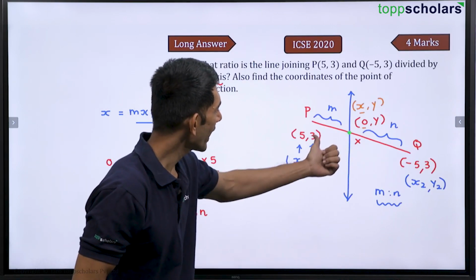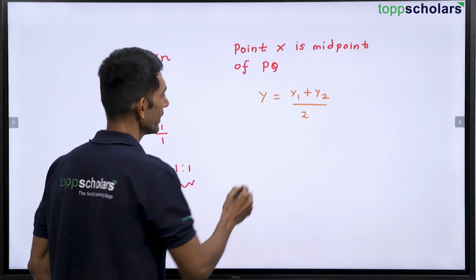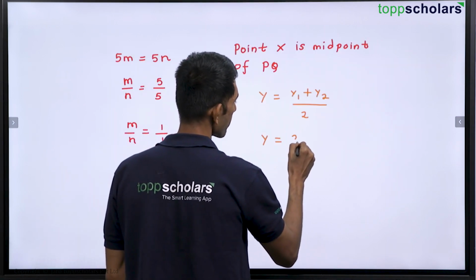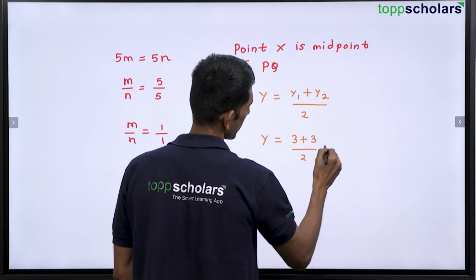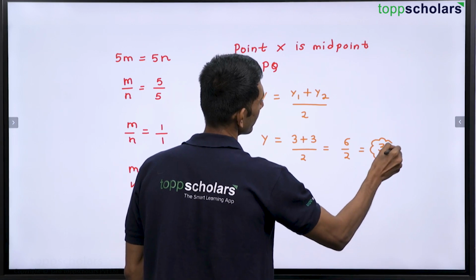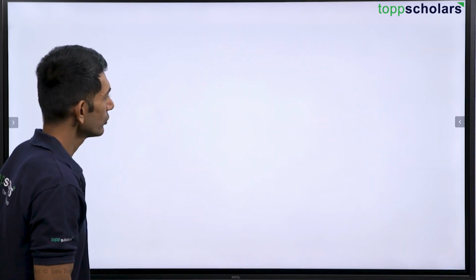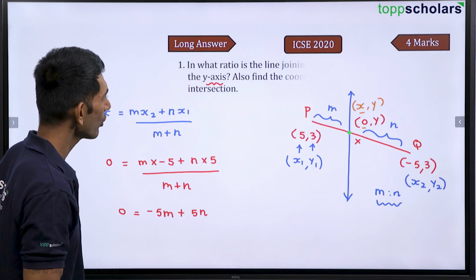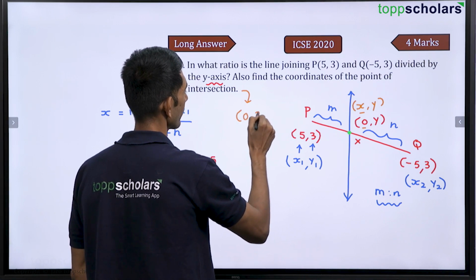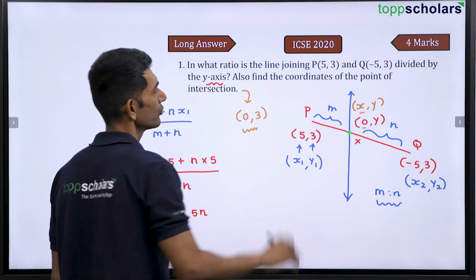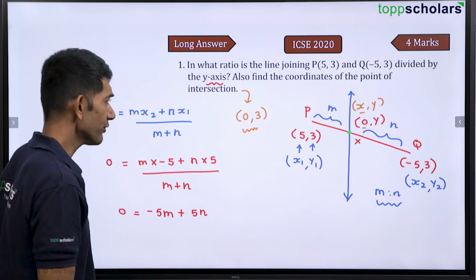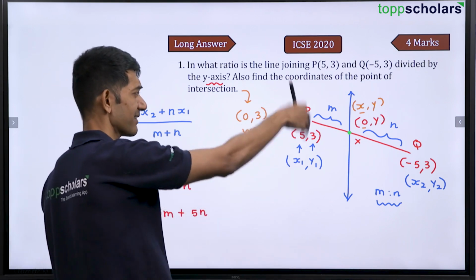So y is equal to (3 + 3) by 2, that is equal to 6 by 2, and that is equal to 3. So can I say the coordinates now are going to be (0, 3). So (0, 3) is the midpoint, right? Which is nothing but the point of intersection of the y-axis and PQ.